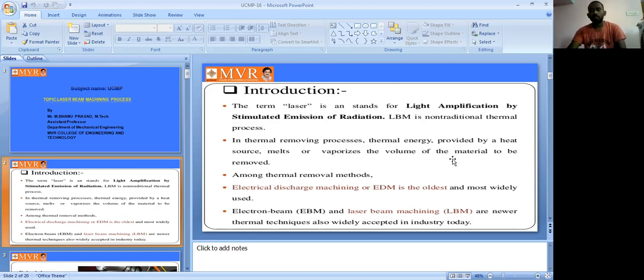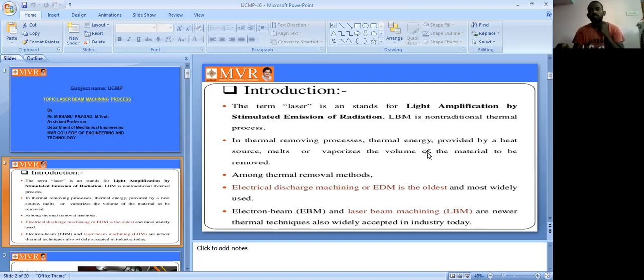In a thermal removal process, the thermal energy is provided by a heat source. Here the thermal energy is electrical power. This electrical power produces a heat source, or we can call it light, in the laser beam machining process.